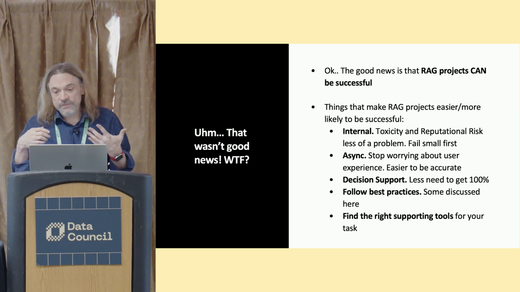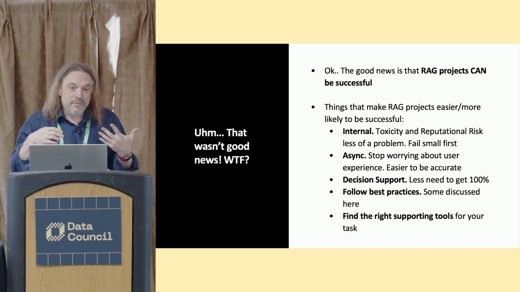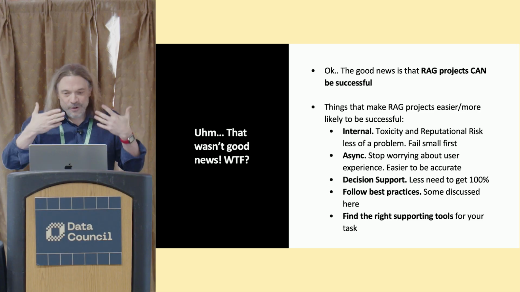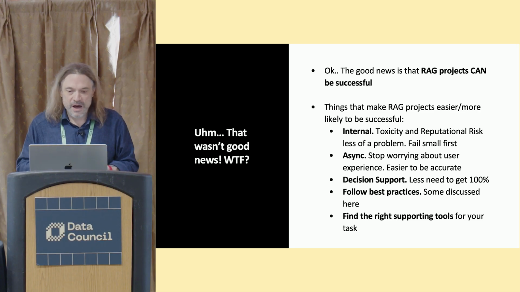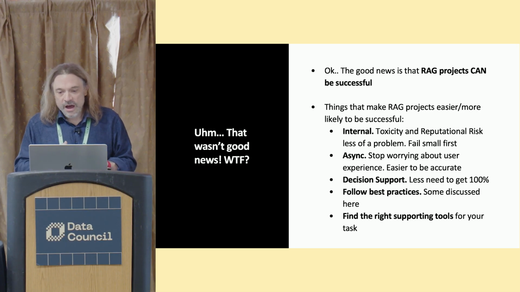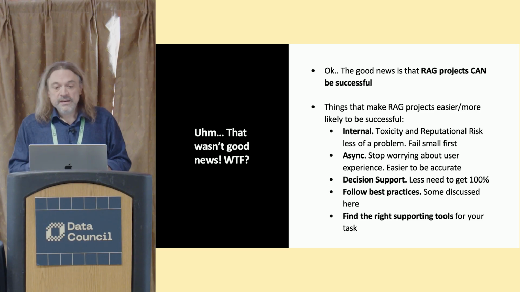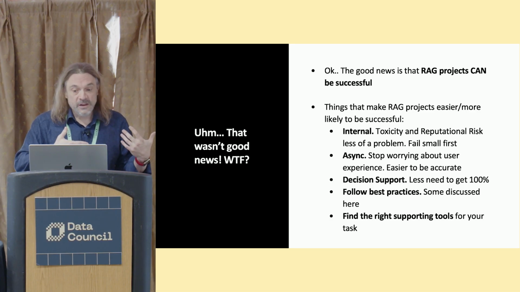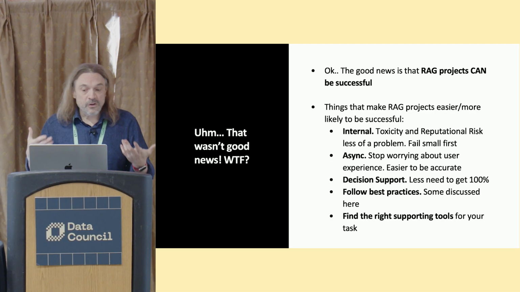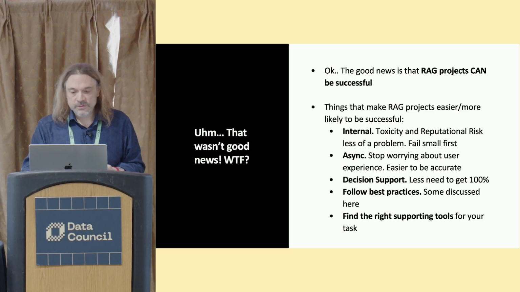Async: if you can stop worrying about the user sitting there waiting for all of these models to respond, going through the various layers of infrastructure you need to go through, it's going to be easier. Decision support systems are easier to do because you have humans in the loop. Follow some best practices, we'll talk about those today, and find the right supporting tools for your task.